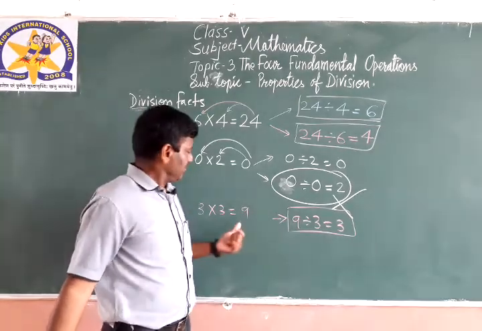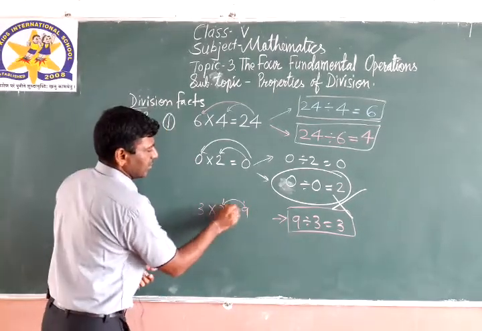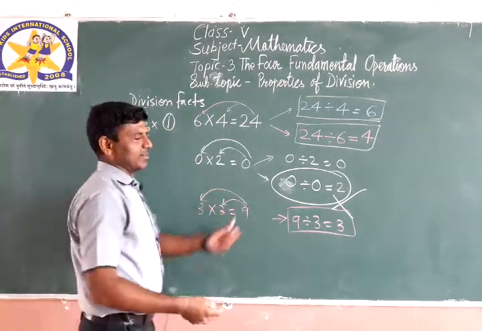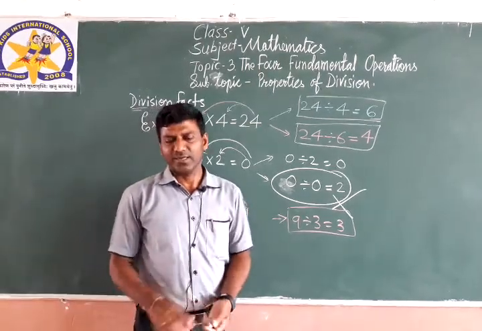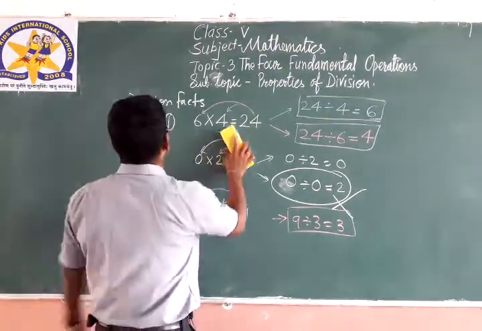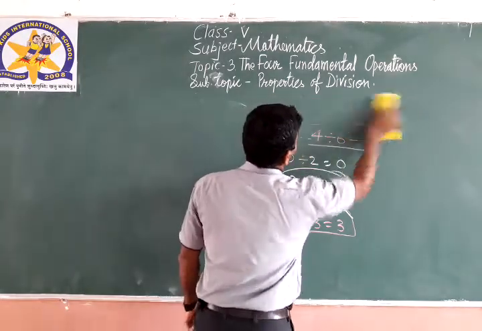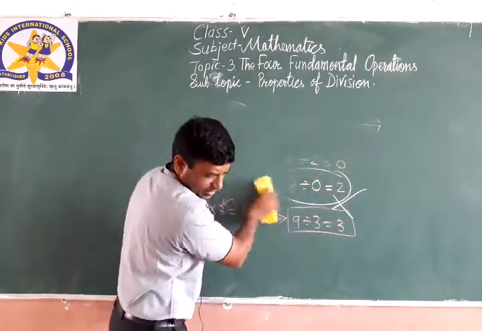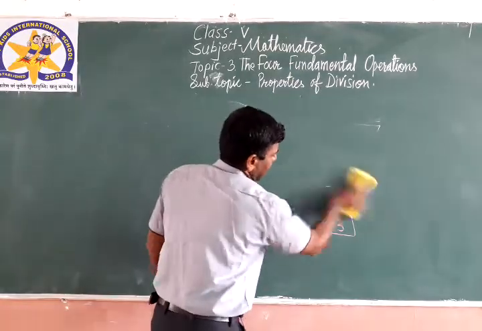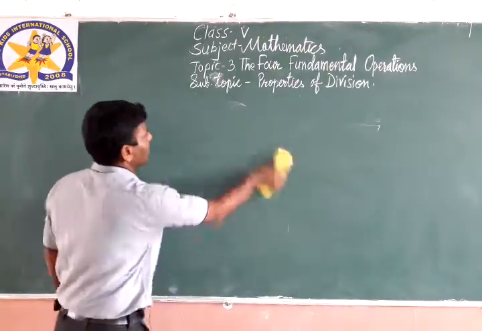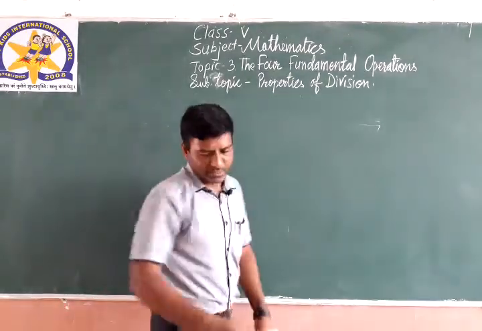Understand? Again 9 divided by 3, answer same. Got it? So what is division? Division is nothing but an inverse process of multiplication. Understand?